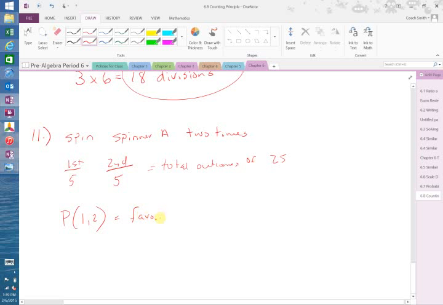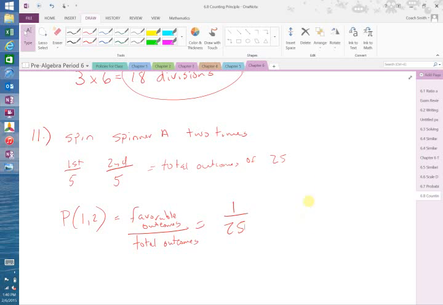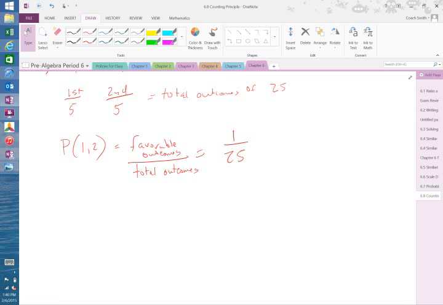Remember, it's favorable outcomes over total outcomes, which means that is equal to 1 over 25. Okay, so that's 1 over 25. And that's your probability that you spin the spinner, land on a 1, spin the spinner again, land on a 2. Okay, because there's only one possible outcome there.